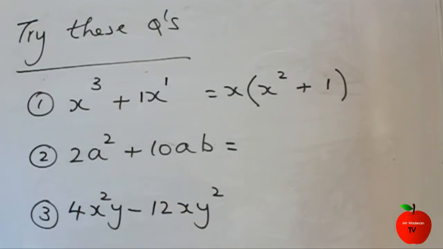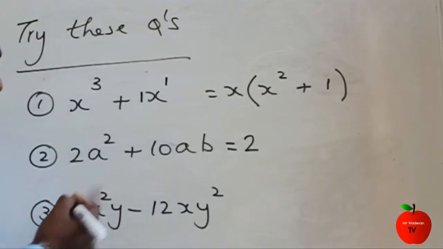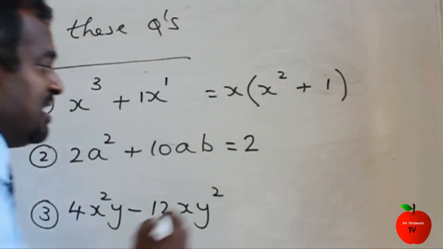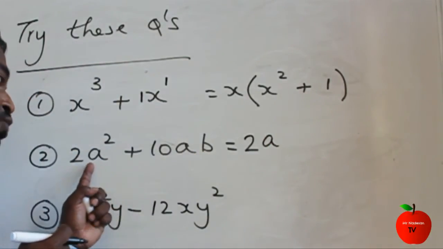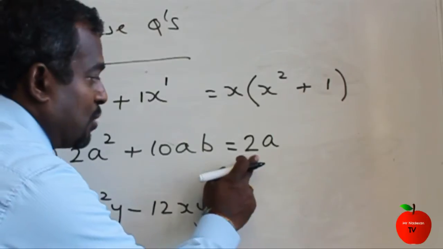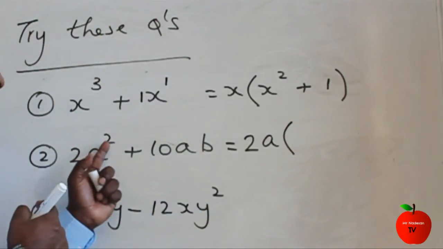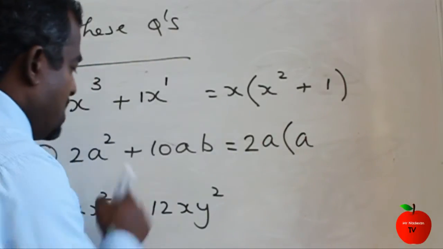2 and 10. The highest common factor of 2 and 10 is 2. A squared, you got the 2 A's, you got the 1A. How many A you take common? A. We got a B here, but there's no B here, so you can take the common 2A. You took the 2 out. Out of 2 A's, you took 1 out, so how many A left? 1.